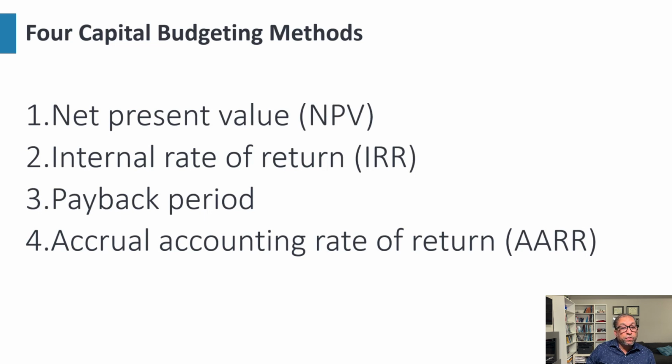Then there are three more methods, but these are not independently operational unless they are substantiated with the NPV. So we make a decision on NPV substantiated with the others, like internal rate of return or payback period and accrual accounting rate of return, or simply accounting rate of return, we can also say.